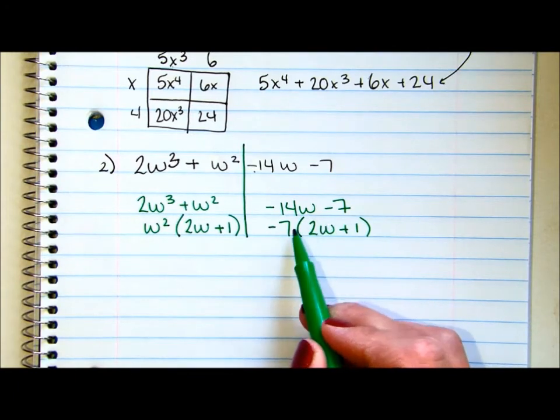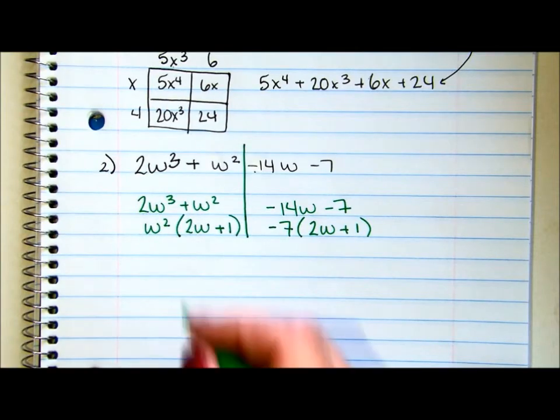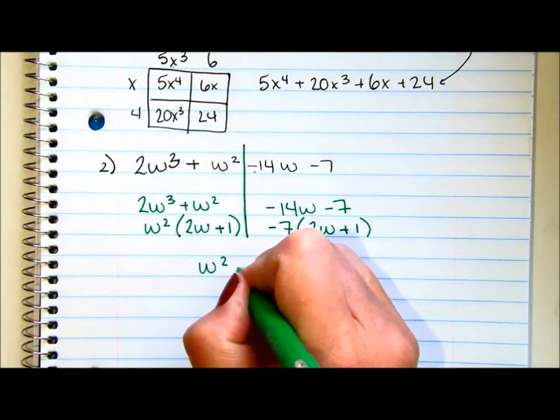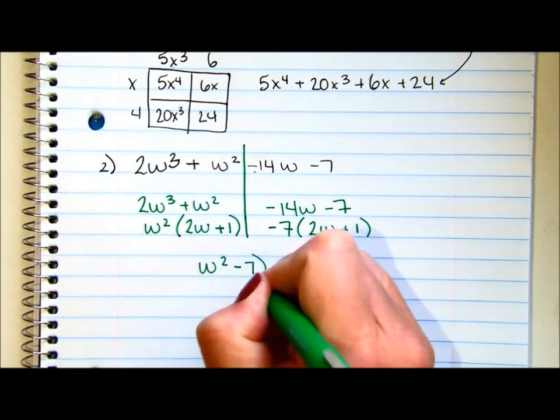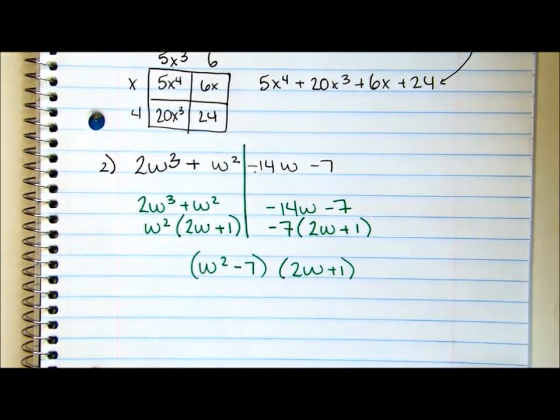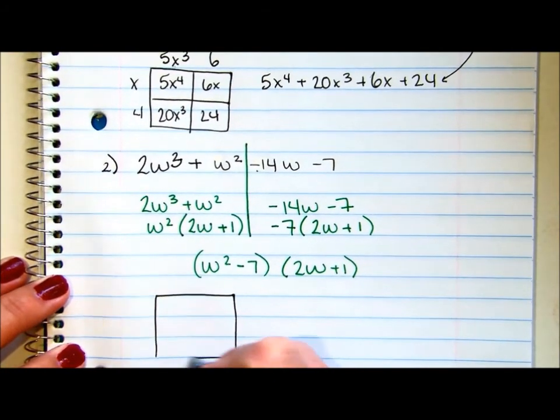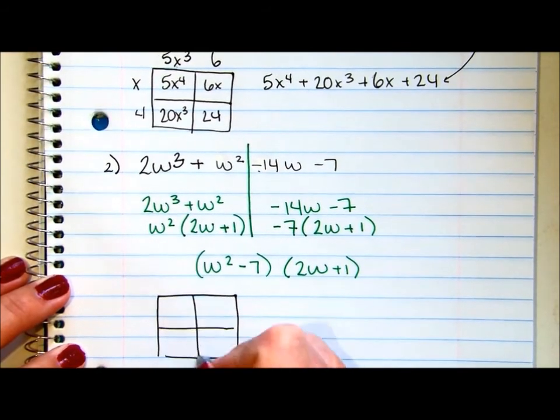Now we're going to put this together. So we'd have w squared minus 7 in one parentheses, and then we'd have 2w plus 1 in the other. Checking our answer, once again, we're going to draw the box. I have w squared and -7. I have 2w and 1.